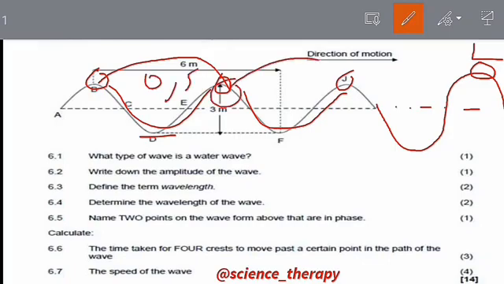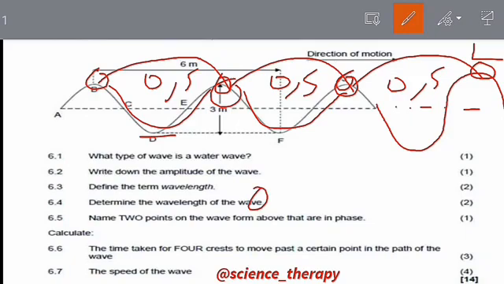Also from this crest to this crest there, that's 0.5. Then we move from here to this part, that's 0.5 also. Now the time taken for 4 crests to move past the point is 0.5 multiplied by 3. Now we have 1.5 seconds.